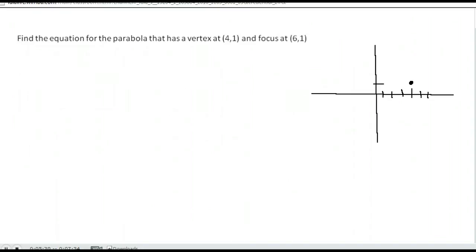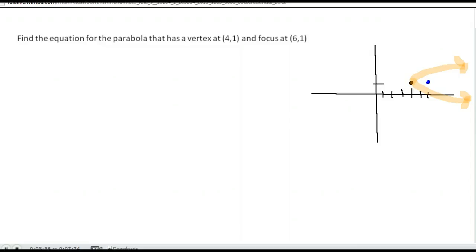Put that in blue. Okay, and remember, our vertex is our turning point, and our parabola will open toward that focus point. So we know our parabola is opening to the right, this direction, because the parabola always opens from the vertex towards the focus point. That's a basic sketch of what our parabola is looking like right now.